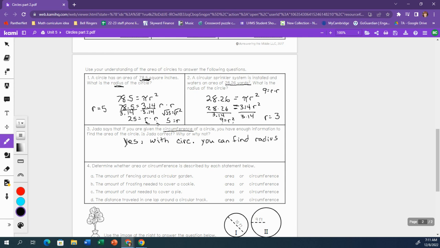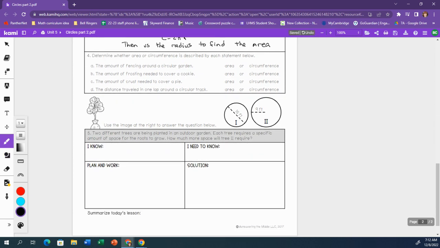And that would just be using, remember, circumference equals 2 pi radius, right? So we could find the radius. We would just plug in the circumference. We would divide by 2, divide by 3.14, and then we would have the radius. Then we can use the radius to find the area. So you could do that.